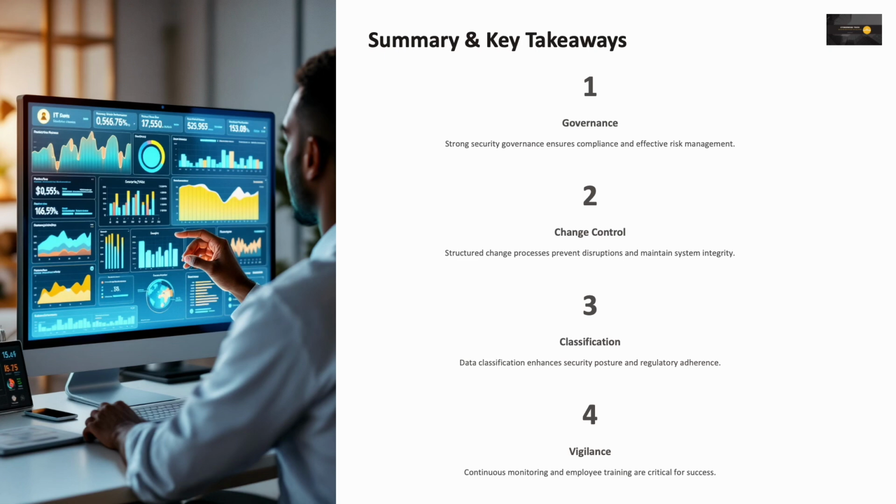Change control minimizes risk from system modifications, and data classification ensures proper data protection. Vigilance ensures continuous monitoring and employee training, which are very critical for the success of a cybersecurity program in any organization.